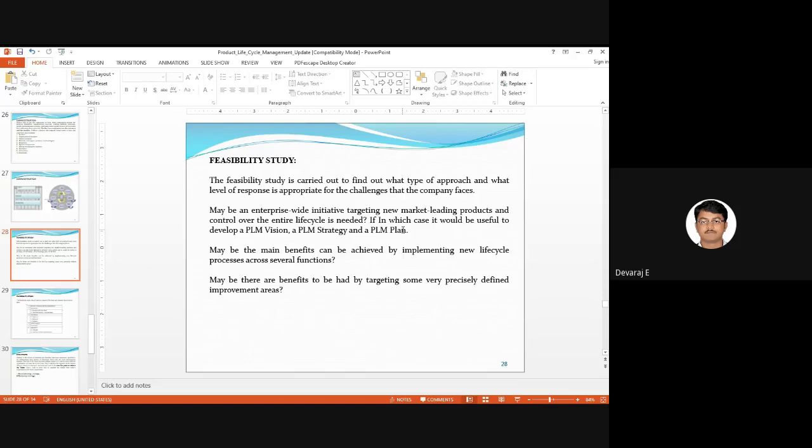Next we can go for the main benefits that can be achieved by implementing a new life cycle process across several functions. So maybe there are benefits to be had by targeting some very precisely defined improvement areas. By using this feasibility study, we can improve the technologies, or improve the efficiency of the product.